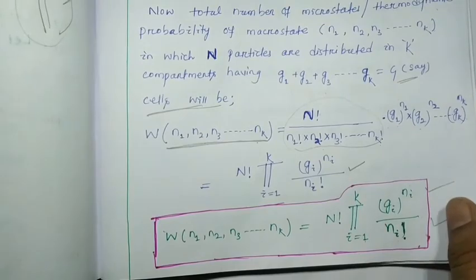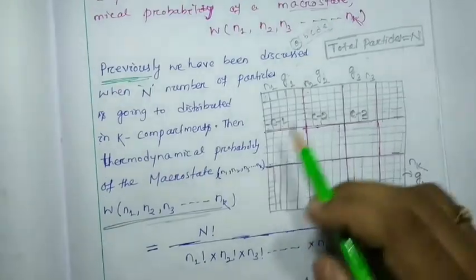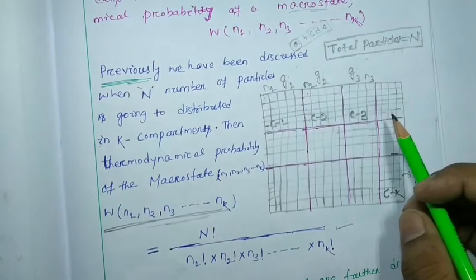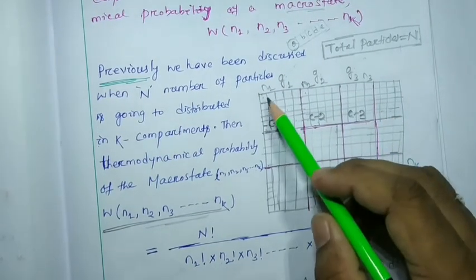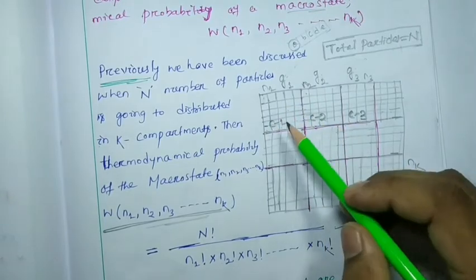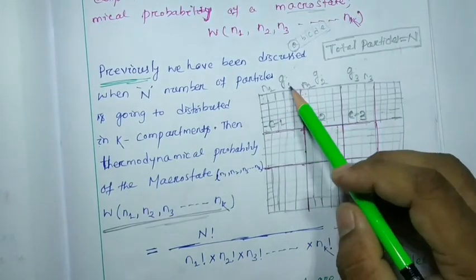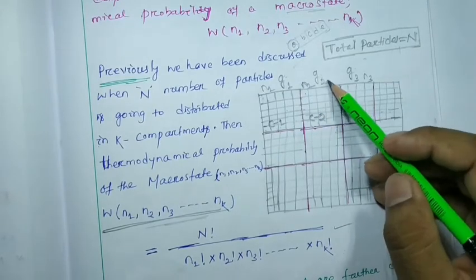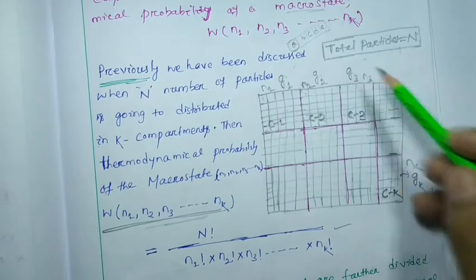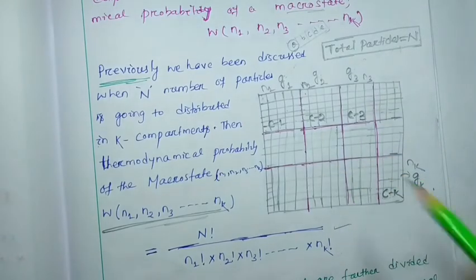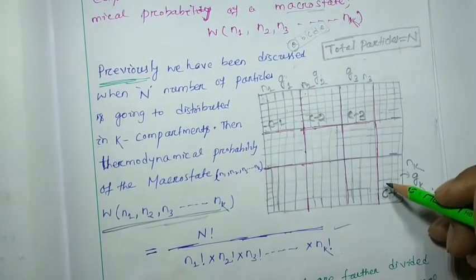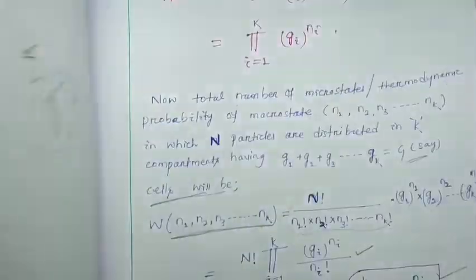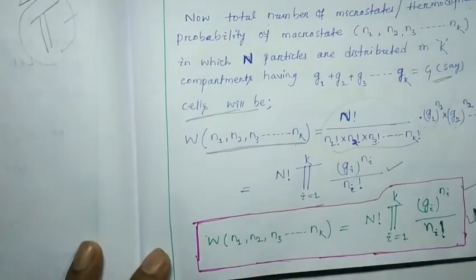So here we found that when the compartments are further divided into a large number of cells, C1 is divided into G1 cells, C2 into G2 cells, C3 into G3, Ck into Gk, like that. For this case, for a particular macrostate, the thermodynamic probability will be this one.